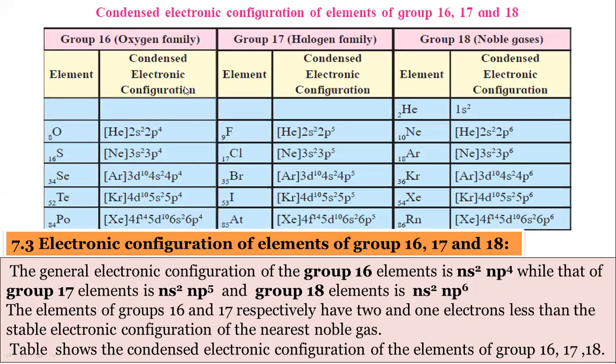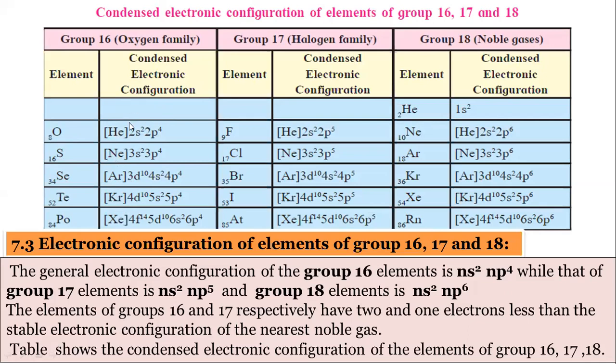This is a condensed electronic configuration. This is also called electronic configuration with respect to inert gases. Inert gases are kept in brackets. So helium, you know, atomic number is 2. Neon atomic number is 10. Then argon atomic number is 18. Then krypton is atomic number 36, and xenon is atomic number 54.